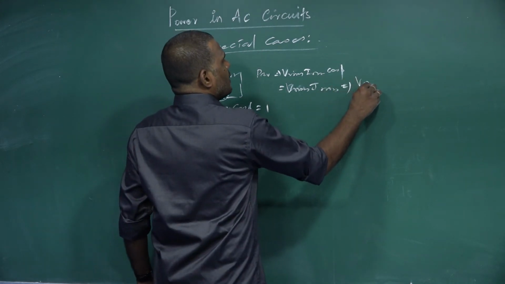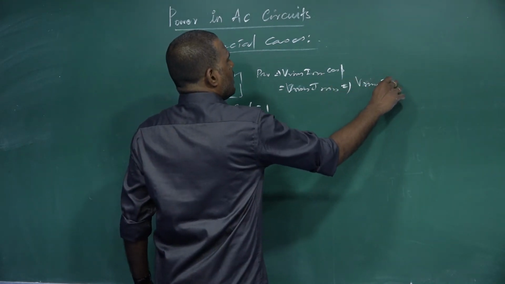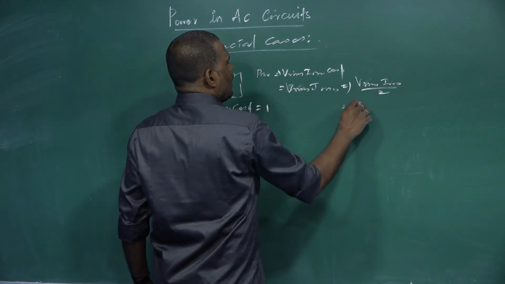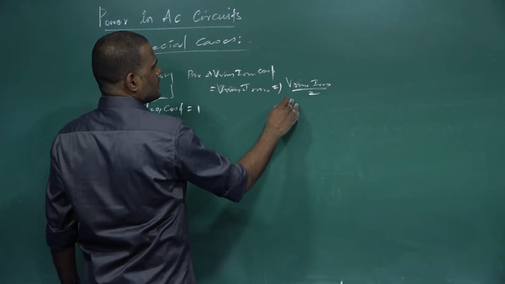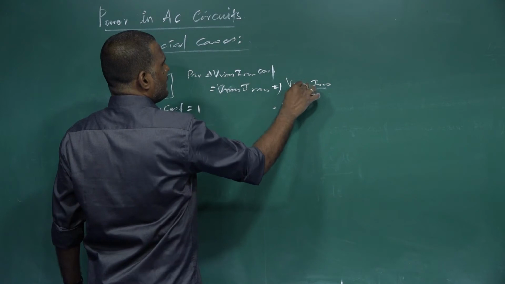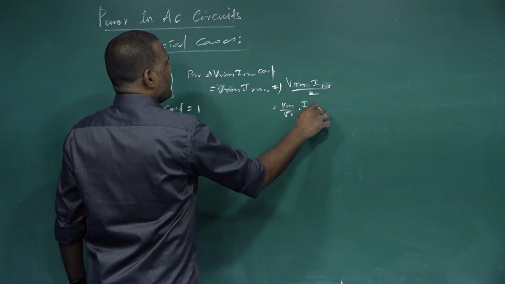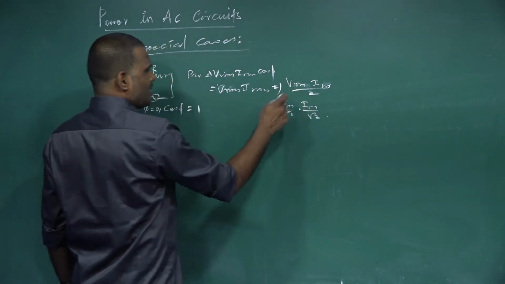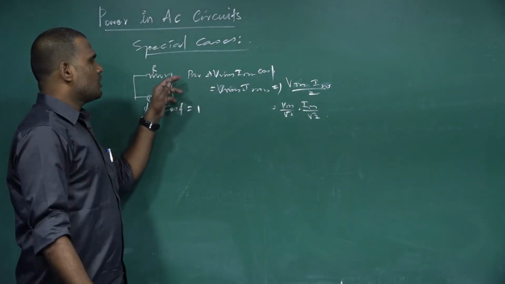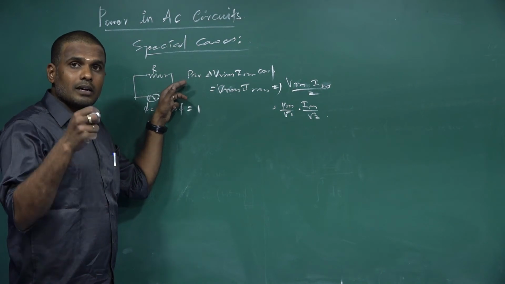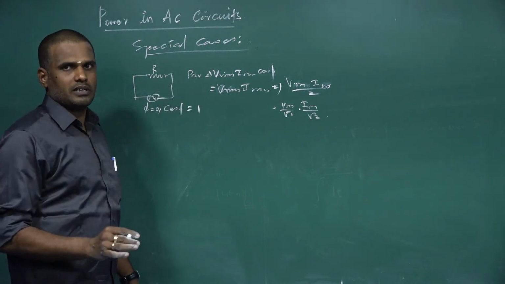Also, we can write Vrms Irms by 2, or Vm Im by 2, or Vm by root 2 times Im by root 2. These are all the representations which we use to calculate average power consumed by a pure resistive circuit.